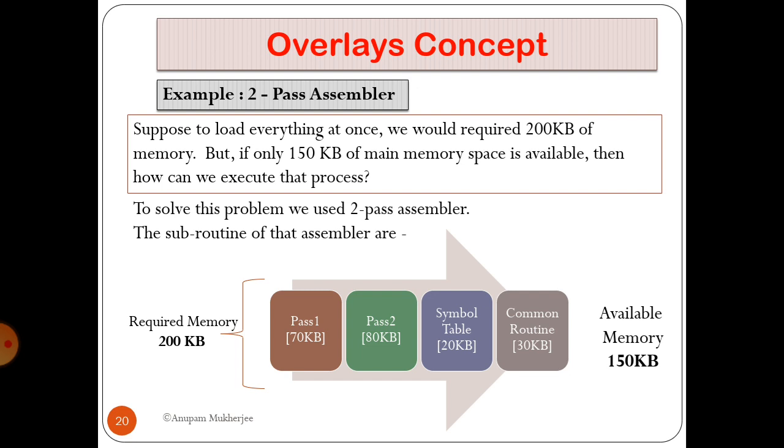Another important part is the symbol table, which I discussed in detail in my last video lecture. When we write any source program, by default it is represented through symbolic addresses, and the detailed information of the symbolic addresses is stored in the symbol table. Another important part is the common routine. When we write any C program, we add header files at the top, like hash include stdio.h and hash include conio.h.